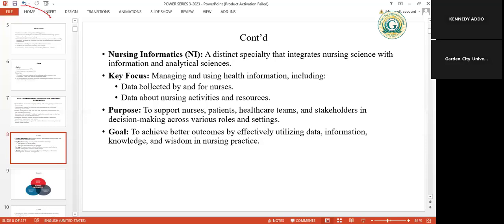So the goal is to achieve better healthcare outcomes by effectively utilizing data, information, knowledge, and wisdom in nursing practice. So the purpose here is what has been defined and legitimized by the American Nurses Association and the American Medical Informatics Association. So we are going to look at the perspective they share to deepen our understanding, laying the foundation for where we find ourselves.